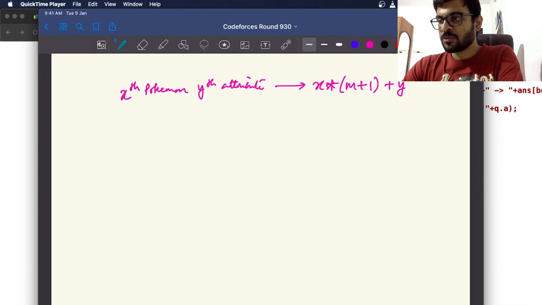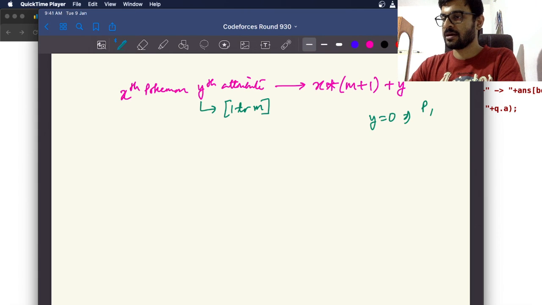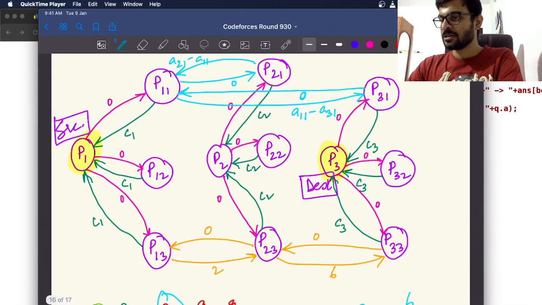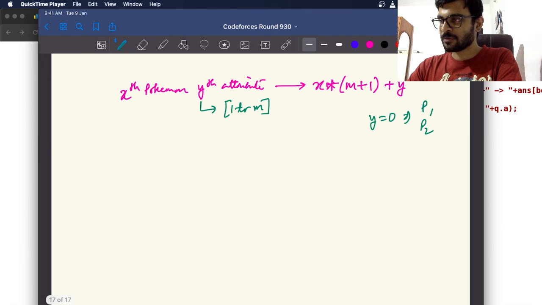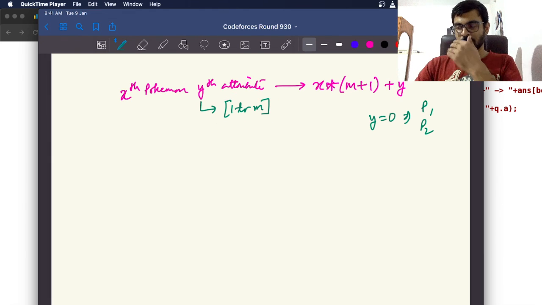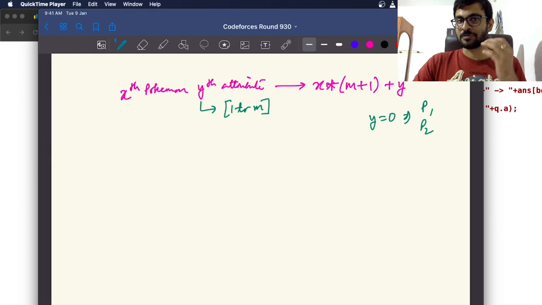Y ranges from 1 to m. So y equal to 0 denotes the normal P1, P2 nodes that I am mentioning over here. P1, P2, these are the actual P1, P2 nodes, and those are the attribute specific nodes. So for attribute specific, I'm using these y values from 1 to m, and for those which are not having any attributes, which are my final source and destination, and also my intermediary points.